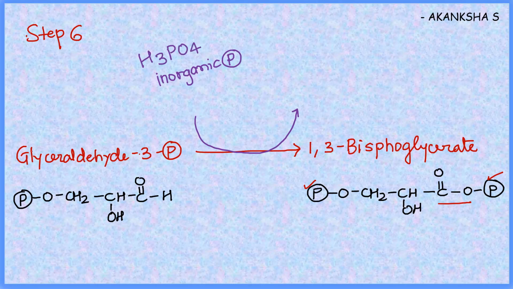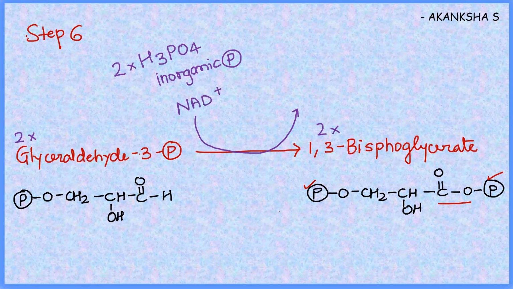Okay. Remember, there were 2 glyceraldehyde 3-phosphate. So definitely 2 molecules of 1,3 bisphosphoglycerate would be formed. So we would be requiring 2 inorganic phosphates. Along with this, we have a coenzyme called NAD+.